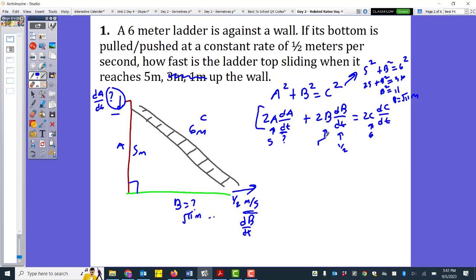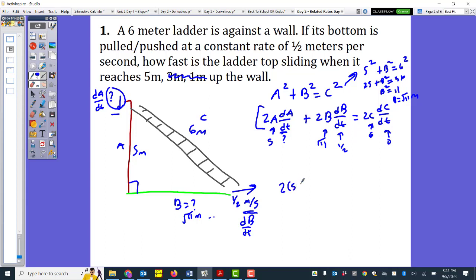What about dC over dt? dC would be the change in length of the ladder. And this is where you have to think for yourself, is the ladder actually going to be changing length? Well, no, the ladder's sliding down the wall and being pulled away on the ground, but the ladder itself is not changing sides. So this part right here is 0. So now we can plug everything in.